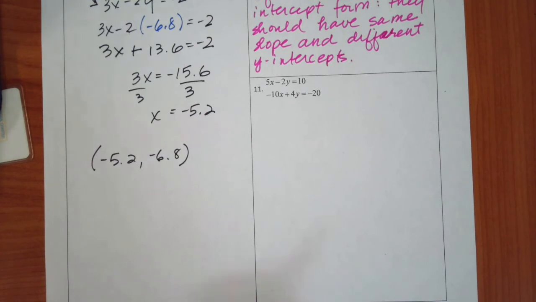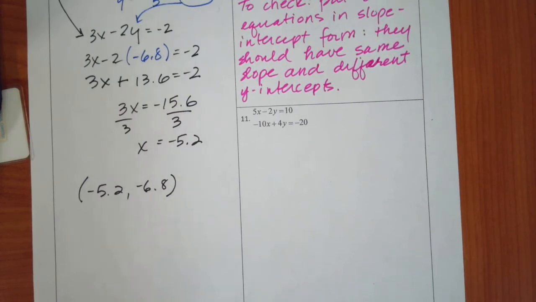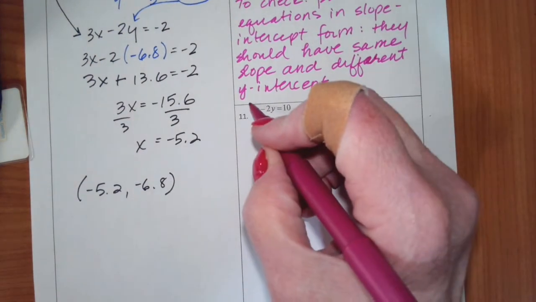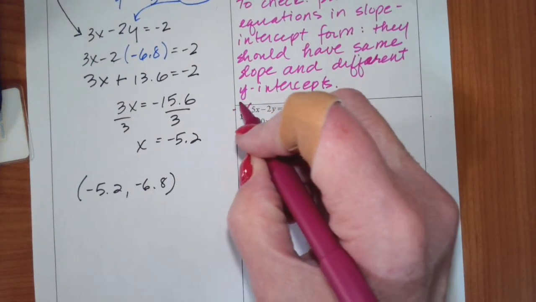Okay, finally our last equation here is 5x minus 2y equals 10, negative 10x plus 4y equals negative 20. Same thing. I think I want to get rid of the x, so I'm going to multiply by 2.